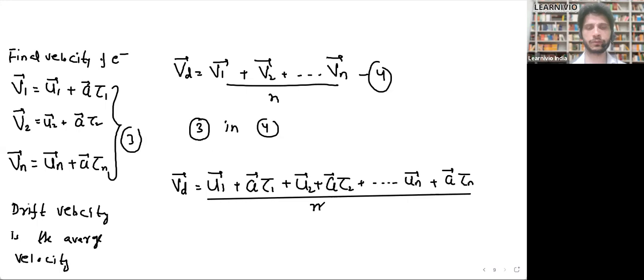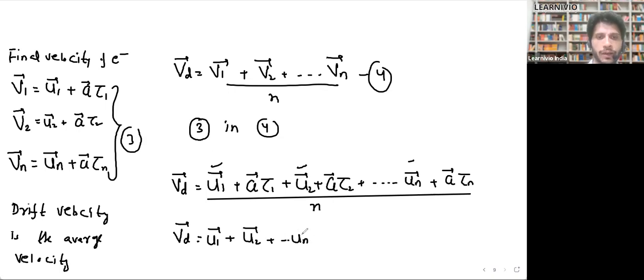So we can write drift velocity in this way: take this term together, it's u1 vector plus u2 vector up to un vector divided by n. And take all these terms together, this one and this one: a tau1 plus a tau2 up to a tau n divided by n.